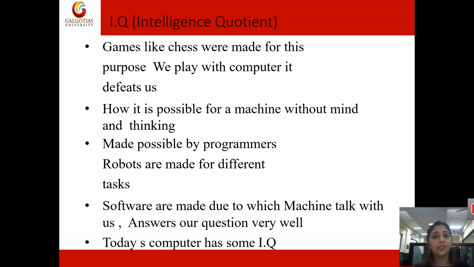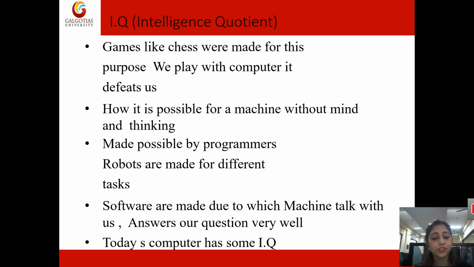These are some of the examples that we have. Games like chess can be played through computers. How can we play a game with the computer? Because we are explicitly providing that intelligence to the system to get the desired step or output. How is it possible for a machine without a mind to think and give you the output?